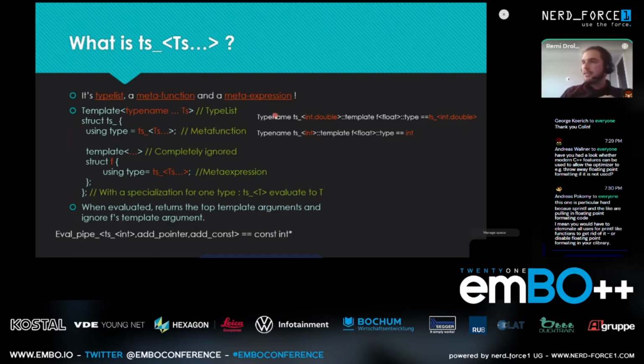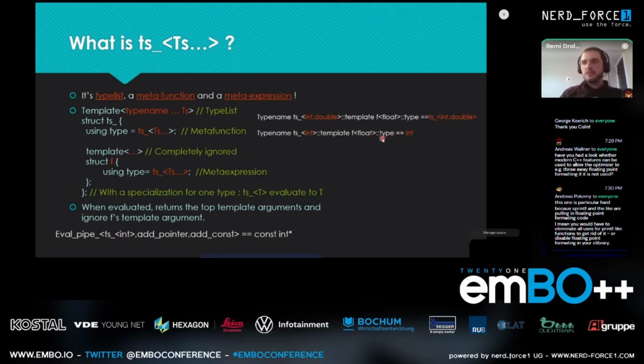So for example, typename TS int double template blah blah blah f float, you get the answer, it's TS int double. That seems very obvious or not useful, but it's actually insane. There's a specialization for one type, so that TS int template f float type, well, it ignores the float, so it only outputs int.